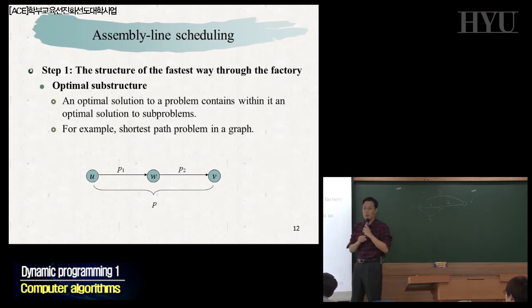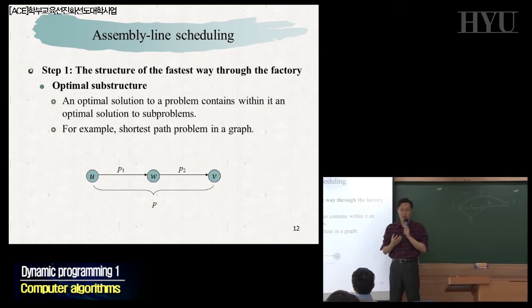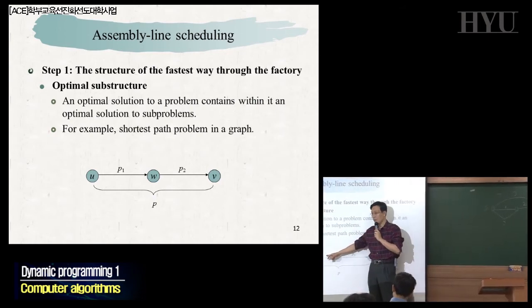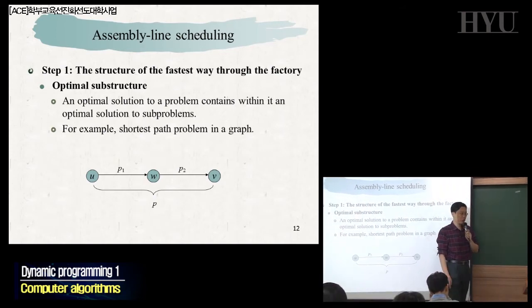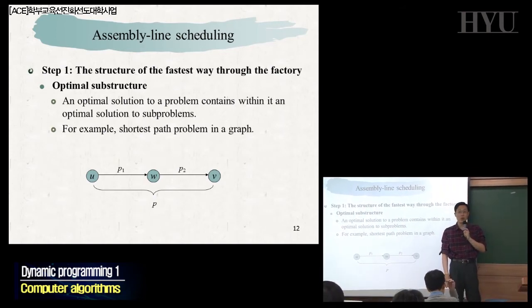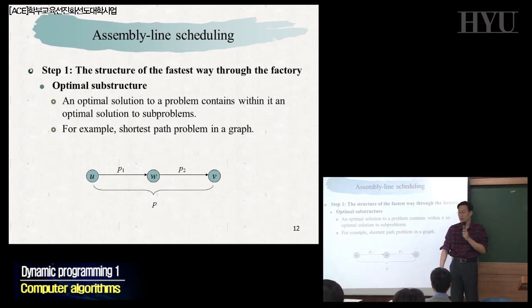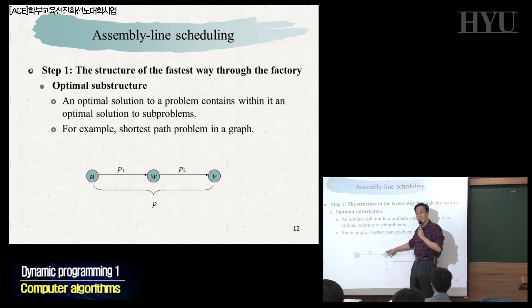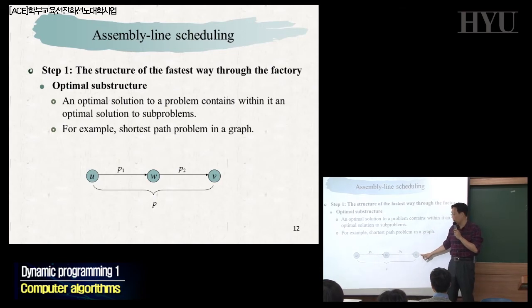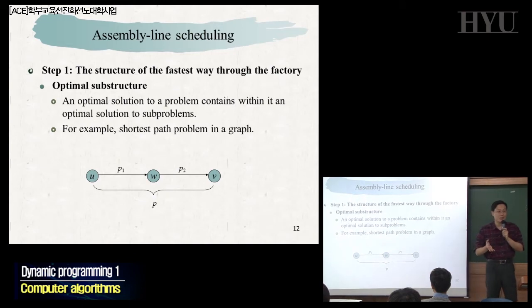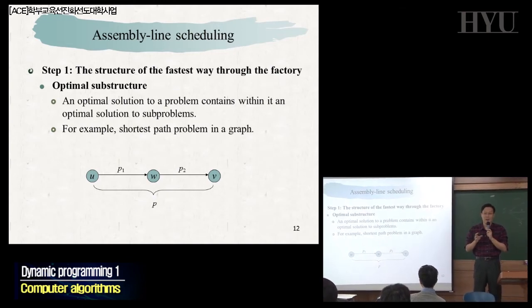Yes. We can show it by contradiction. Assume that P1 isn't a shortest path. Then there is a shorter path, P1 prime, from U to W. Then P1 prime and P2 is another path from U to V. And it is shorter than P. So it contradicts the fact that P is a shortest path.